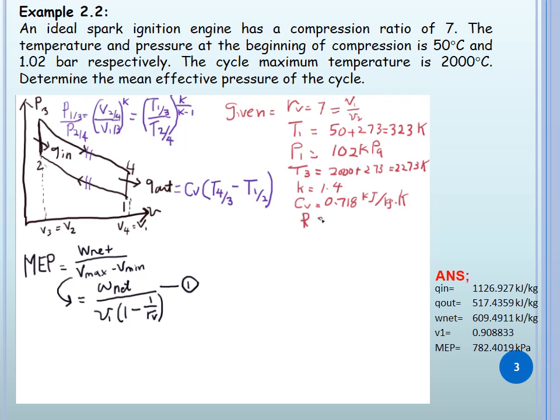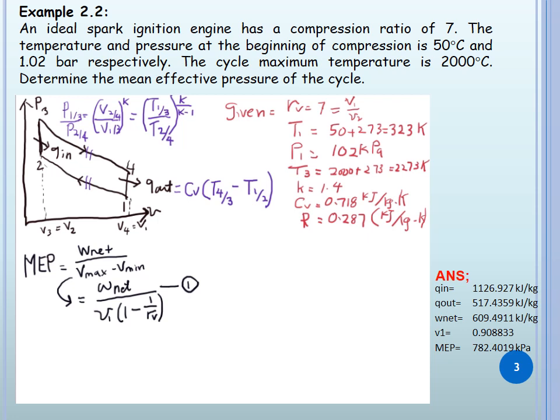We have the constant for air, R, 0.287 kilojoule per kilogram Kelvin. Okay, so this is all the data that was given by the example. Now let's start to solve the problem.